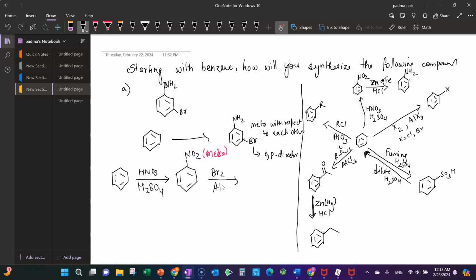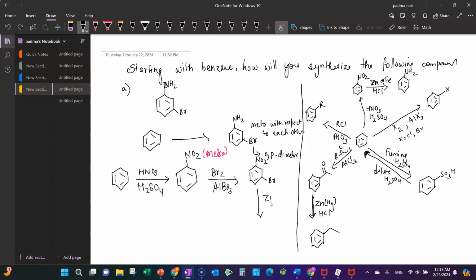Now remember to always use Lewis acids for these reactions. Okay, AlBr3, and then what do you get? Br being placed in the meta position with respect to NO2. Okay, so see, now we have placed the Br correctly. But are we targeting this compound? No, we want an NH2, right? So our final step would be where you take this molecule and then use this reaction over here.